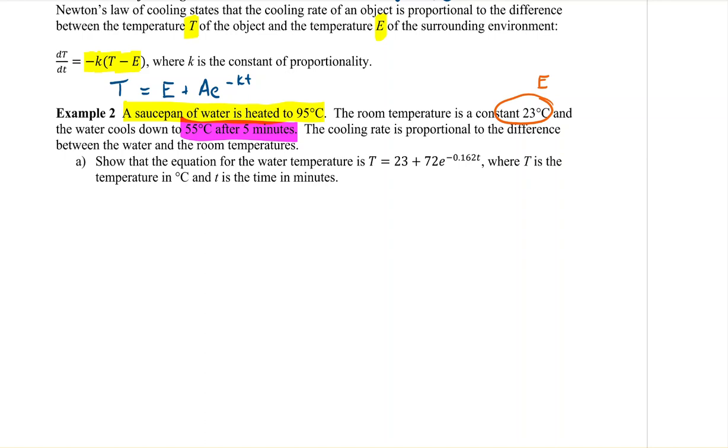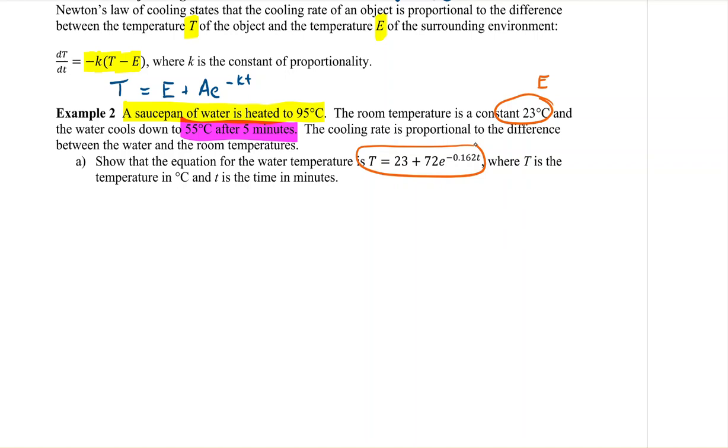It says, show that the equation for the temperature is T equals 23 plus 72 e to the minus 0.162 t, where capital T is the temperature in degrees Celsius and little t is the time in minutes.